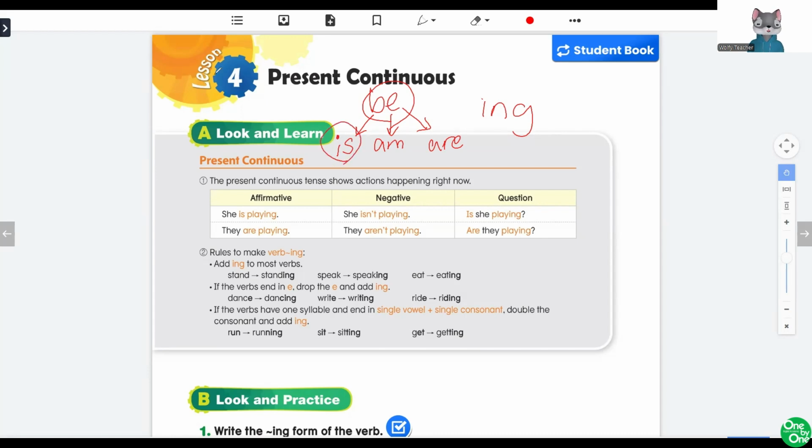So when we see the word he, she, and it, we will need to use the word is. And when I see the word I, we need to use the word am. When we see the rest, which are you, we, and they, we will always need to use the are to make the present continuous tense.